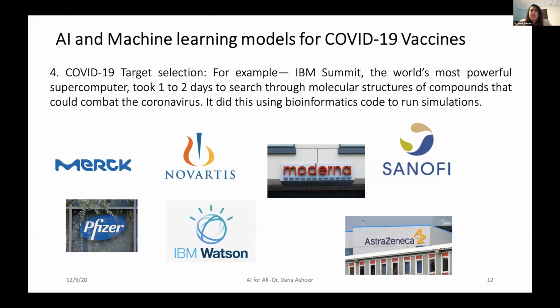For example, Pfizer collaborated with an IBM supercomputer to find different molecules that can combat the coronavirus, and how we can block the interaction of the coronavirus with the cell and hence produce a vaccine for it.